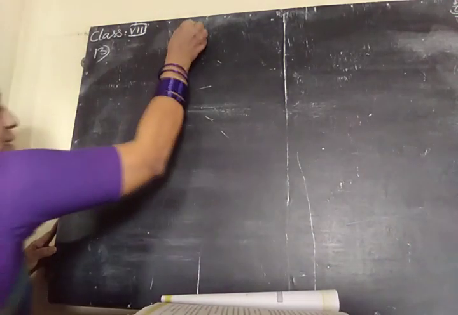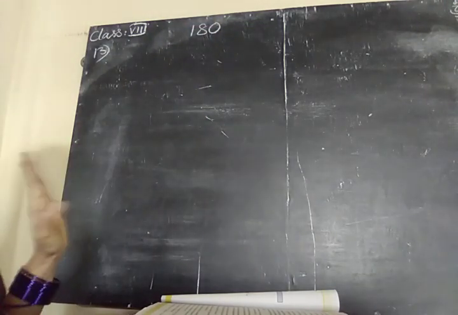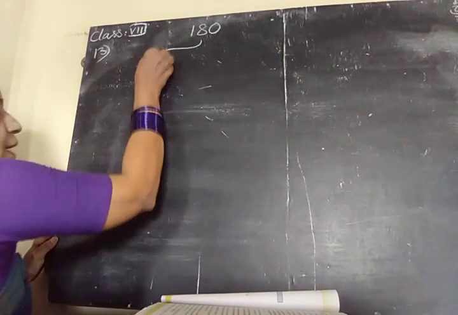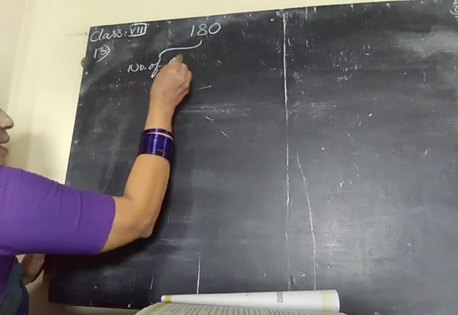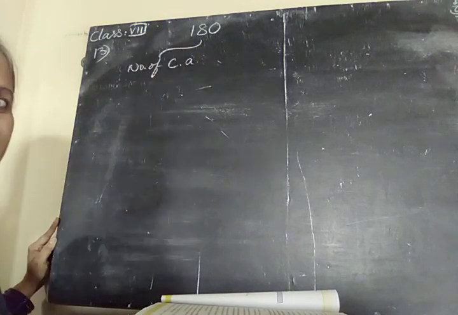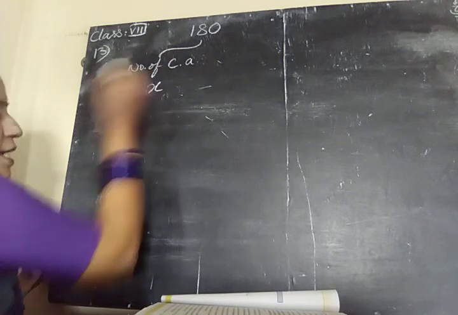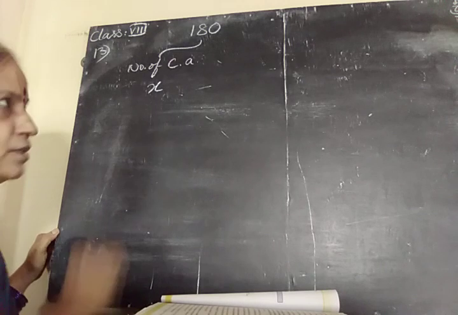Here, the total number of questions in the test is 180. In that, a few are correct answers. The number of correct answers, let it be X.